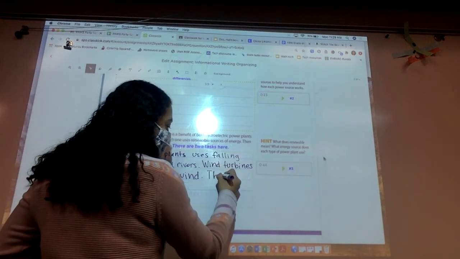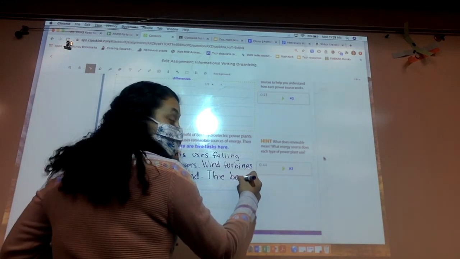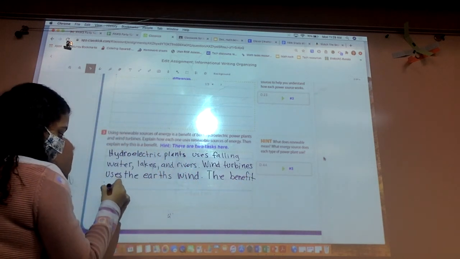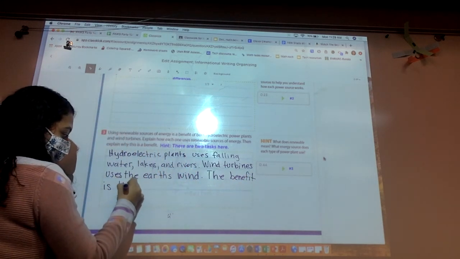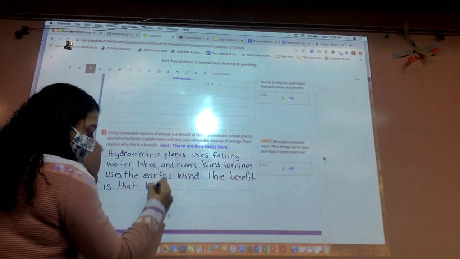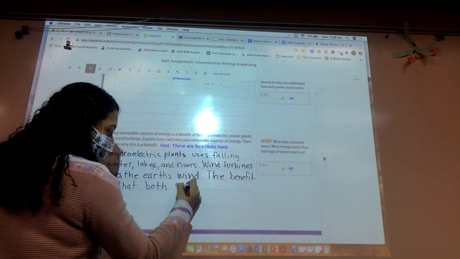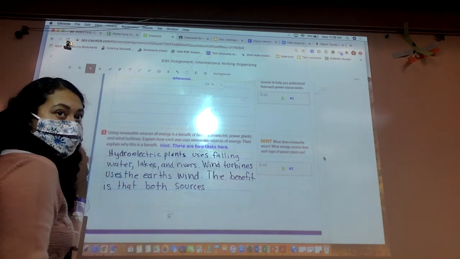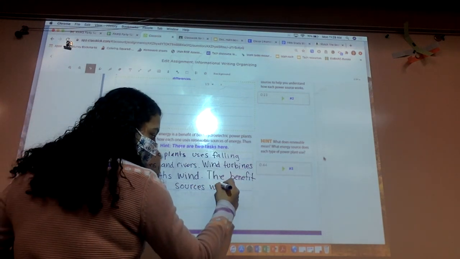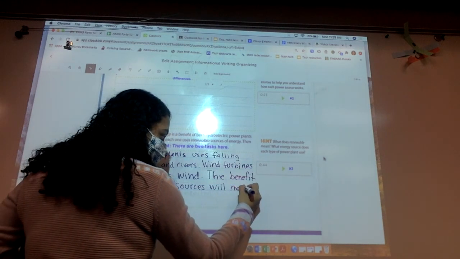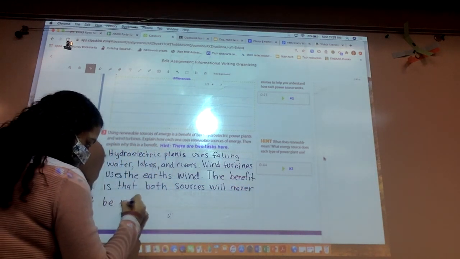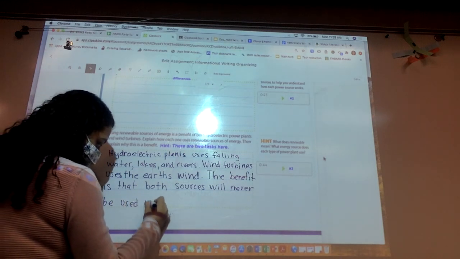So the benefit is the both sources will never be used up. Period.